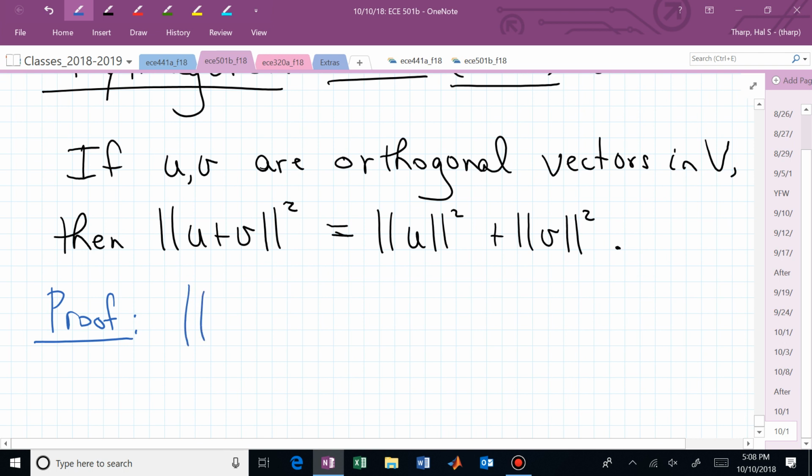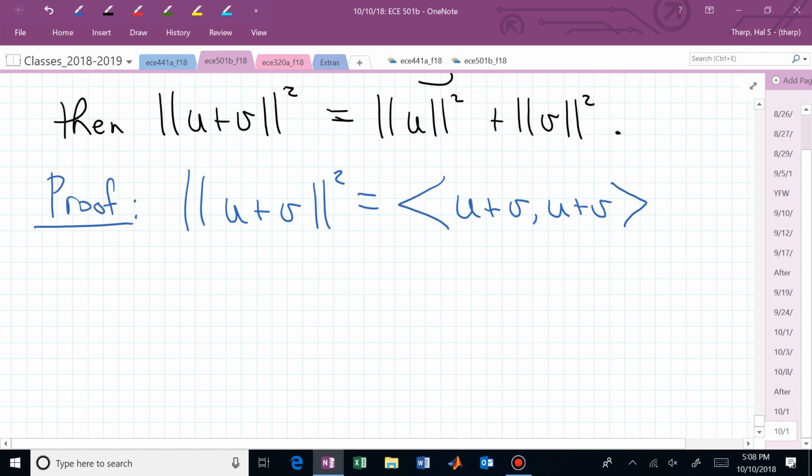And now we have a way of demonstrating that based on our understanding of inner product. So if I wanted to look at the square of the norm of u plus v, you know how to produce that based on our definition of norm. Our norm was defined to be an inner product square rooted. Here we're not square rooting because we're squaring, so I simply take the inner product of u plus v with itself.